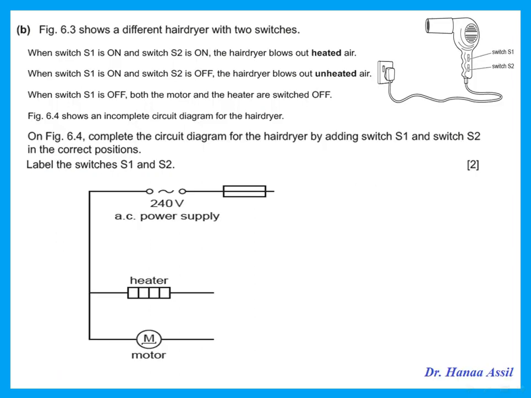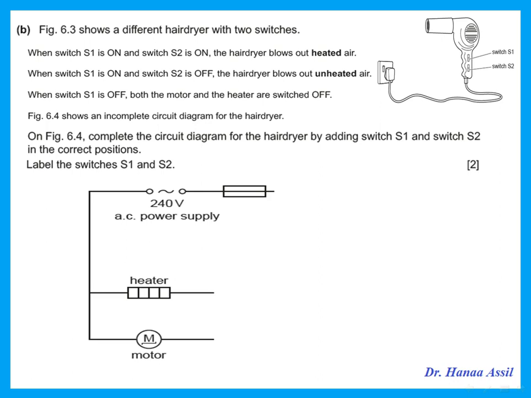Then he says figure 6.3 shows a different hair dryer that has two switches. Now listen, when switch 1 is on, can you see which one is switch 1? Switch 1 is on and switch 2 is on, both of them are on, the hair dryer blows out heated air. And that means if both the switches are on, then both heater and motor are working.